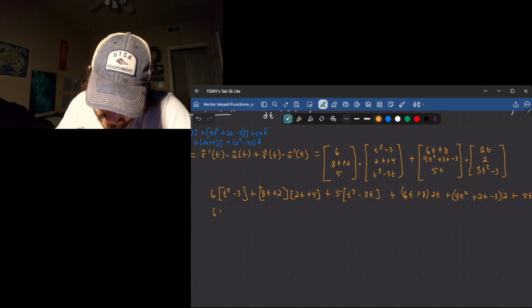So we'll get 6t squared minus 18 plus 8t. Oh, wait, hold on. Not 8t. That's a FOIL.